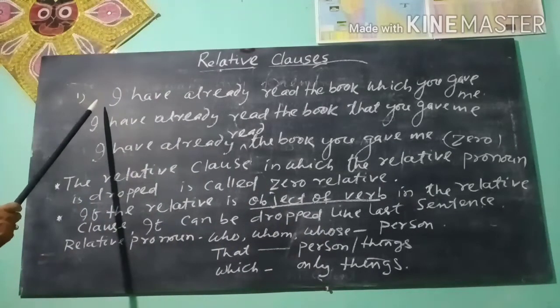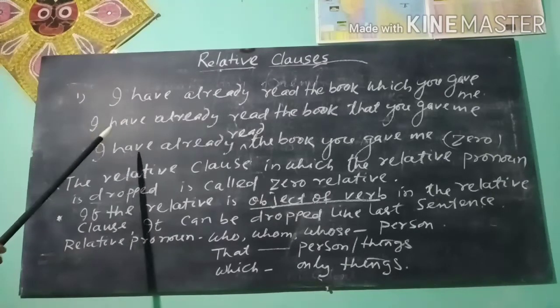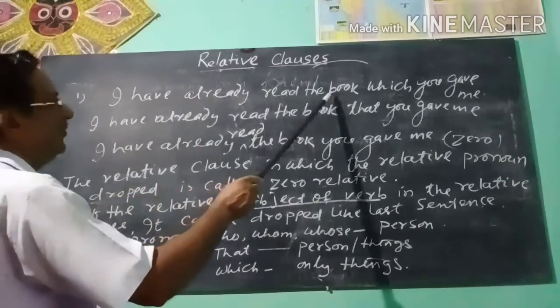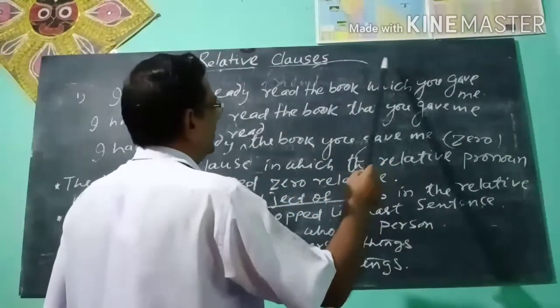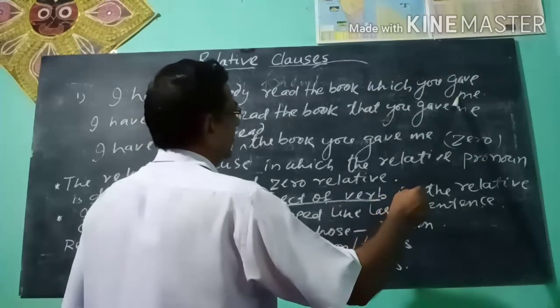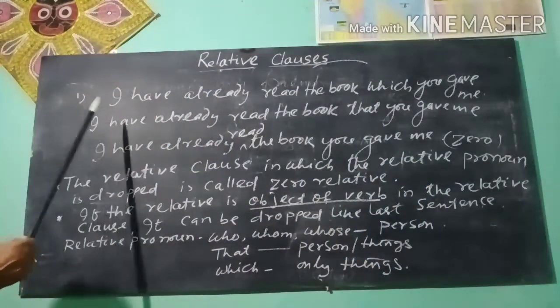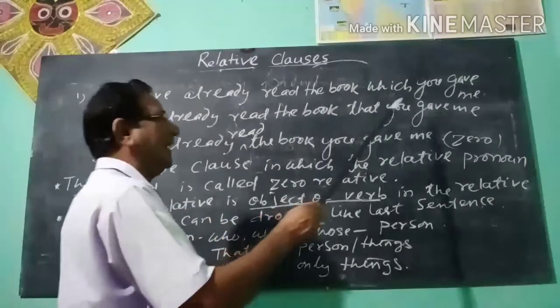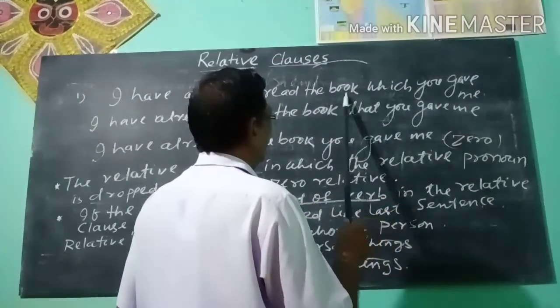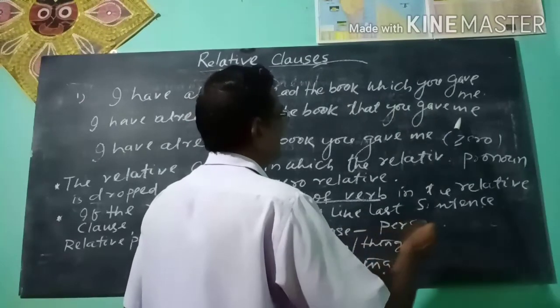So, in these 3 sentences, we find I have already read the book which you gave me, where which is the relative pronoun, and it creates the relative clause which you gave me. Second sentence, I have already read the book that you gave me. Here the relative pronoun that is used, and that you gave me is the relative clause.